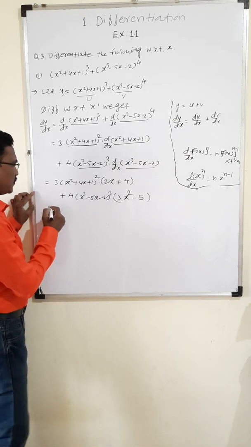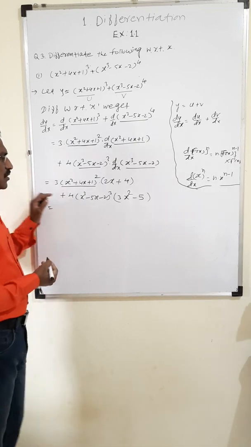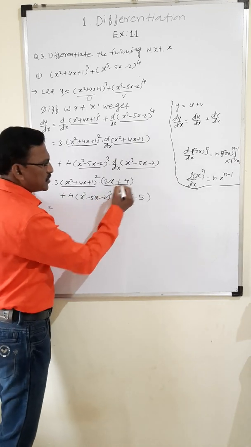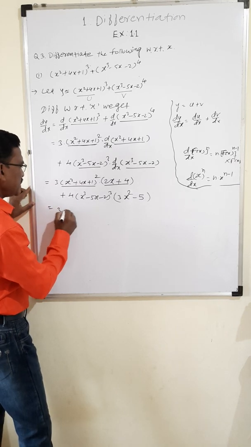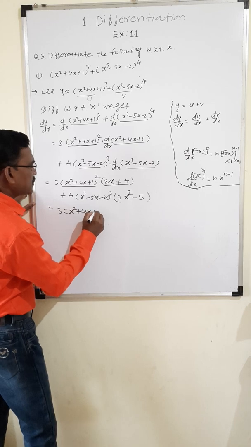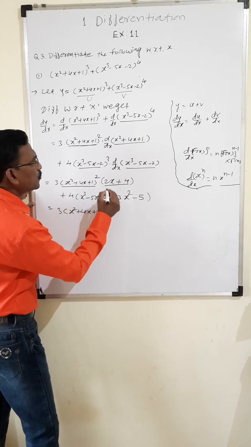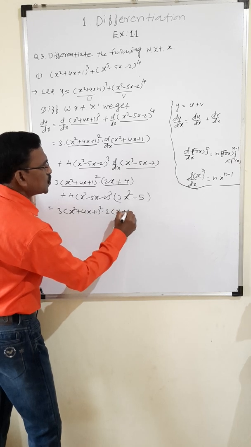Now again we take 2 common from the terms in this bracket. So we keep 3 into (x square plus 4x plus 1) whole square, and taking 2 common from this bracket, it is x plus 2.